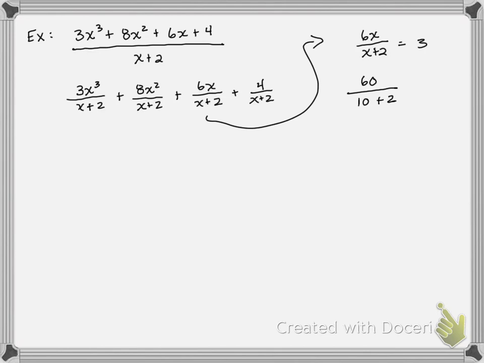Saying that I'm going to cancel that x would be like saying I can cancel that factor of 10 and also this factor of 2 and get 3 over 1. You guys agree that that looks really silly when we do it with numbers? So the same is true when we're dealing with polynomials. We can't cancel terms, things that are added and subtracted.